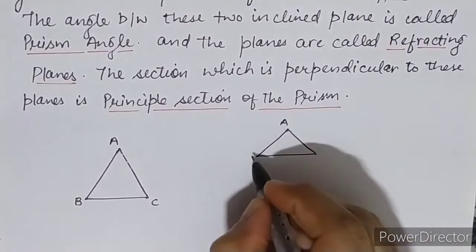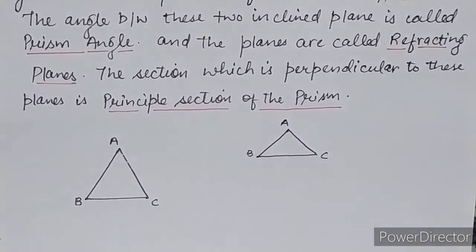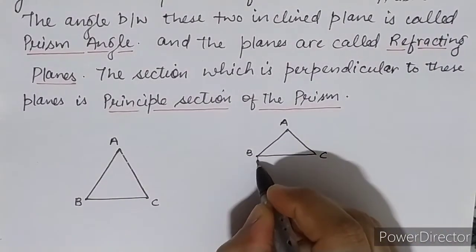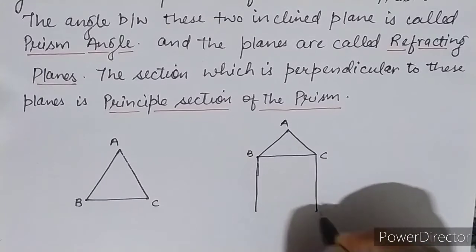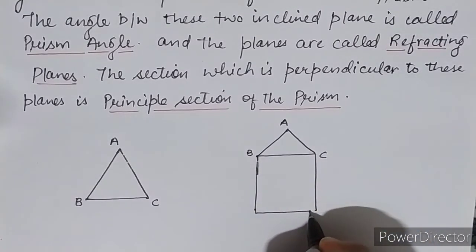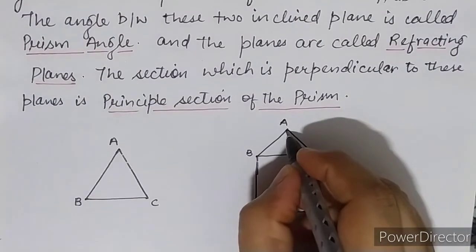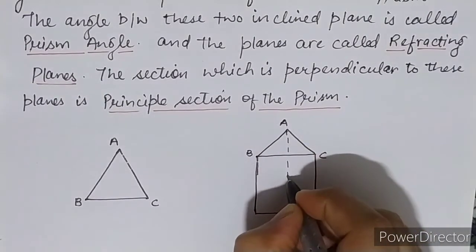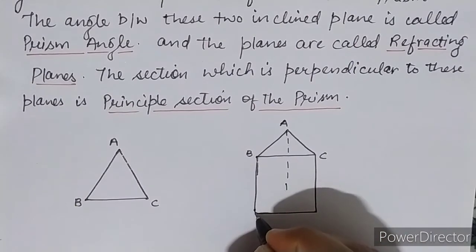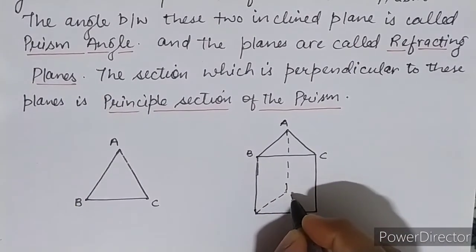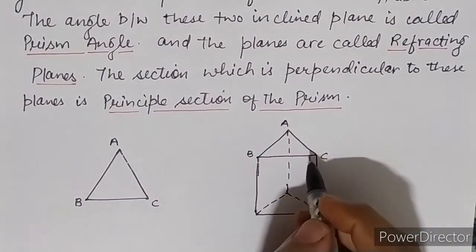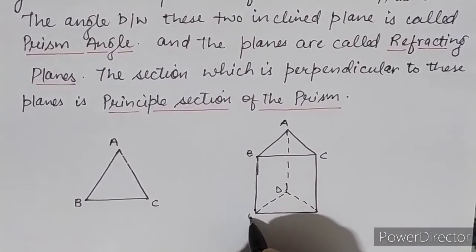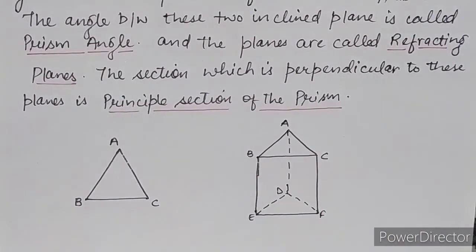A, B and C. This straight line, it was like this, beta. So this is your ABC and this will be your D, E, F. It looks like this. Clear?